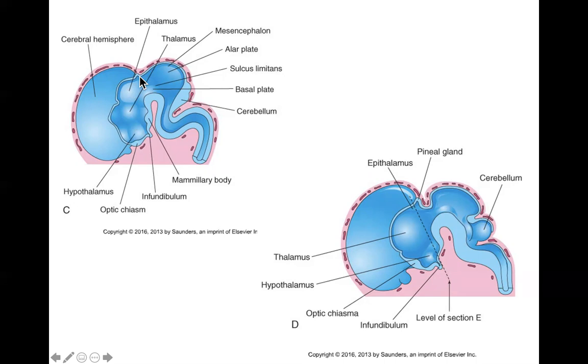On the floor of the thalamus, you start to see this swelling occur, this swelling of cells. It's a proliferation of neural cells, and this is the mammillary body, right?